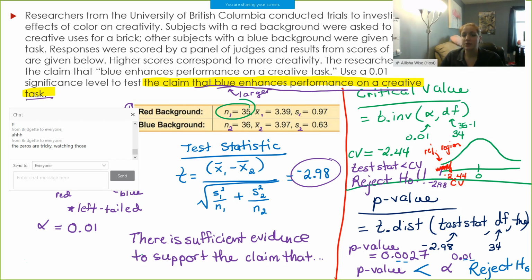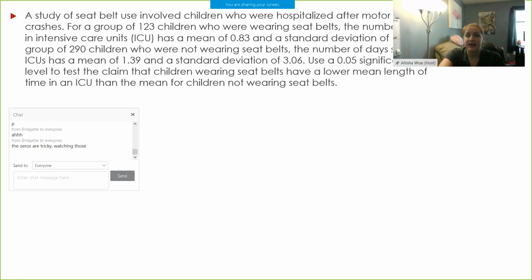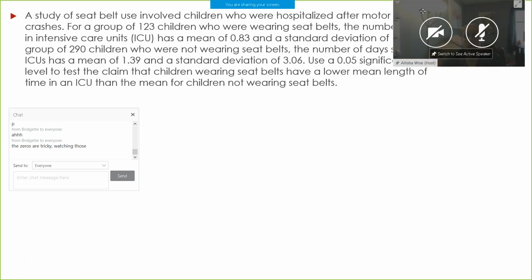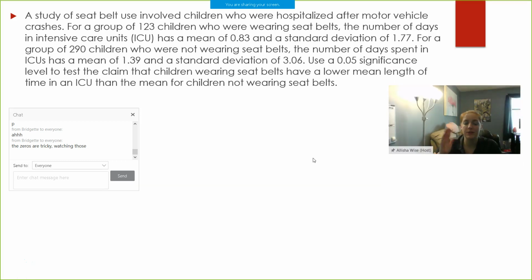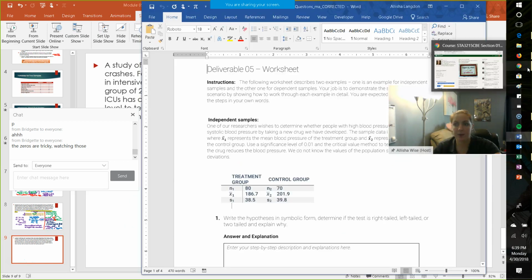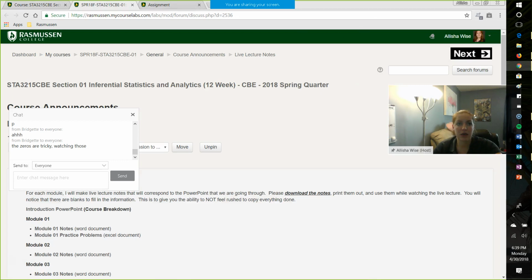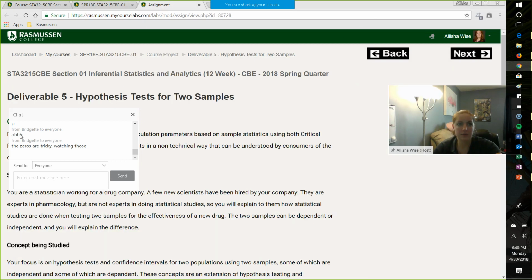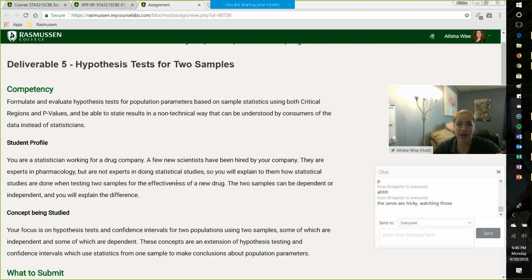Okay, so I'm not going to go over the last one here, but it's very similar. Let me go ahead and just pull up the homework so we can look at it. This week, again, we are on deliverable 5.